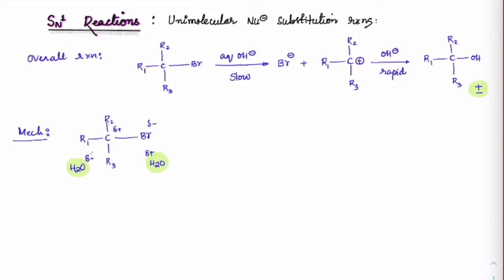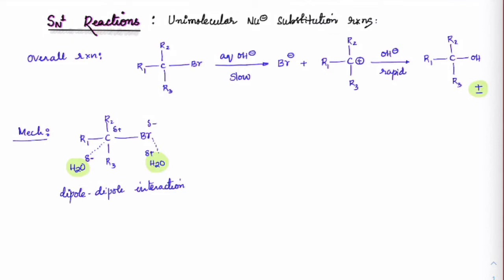So this delta negative side will start attracting the delta positive side of carbon, and the delta positive side will start attracting the delta negative side of carbon. You know this type of interaction is called dipole-dipole interaction.